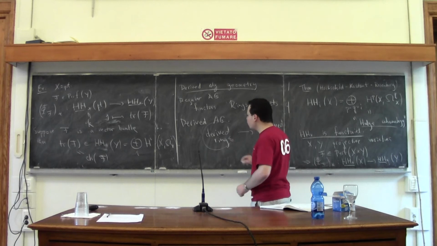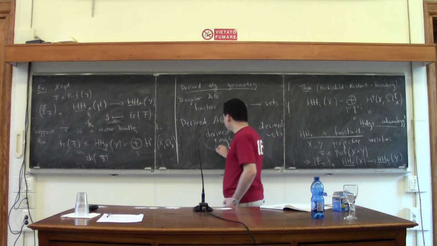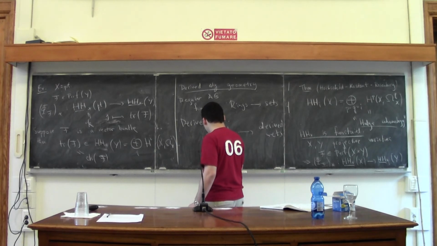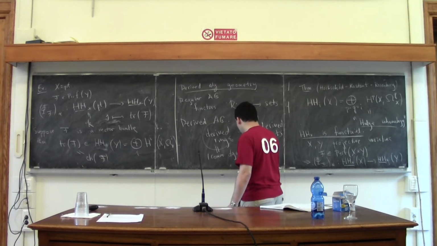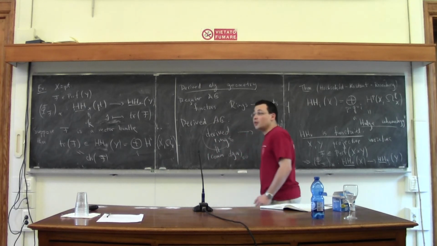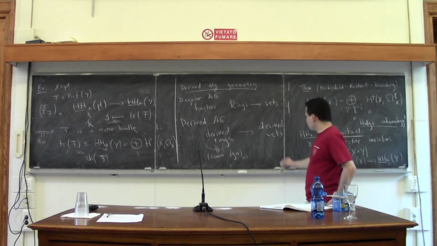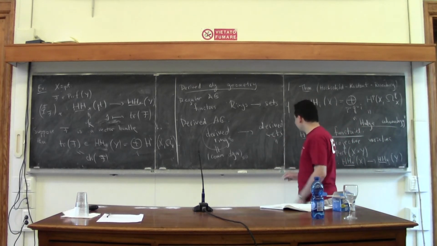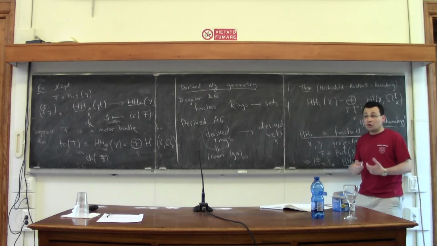But derived rings, well, we're working in characteristic 0, so we can take, as our definition of derived rings, commutative differential graded algebras, which are connected. So in other words, which live in degrees less than or equal to 0. And derived sets is, well, it's a stupid name for something like topological spaces or simplicial sets.